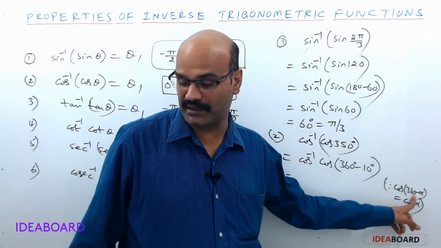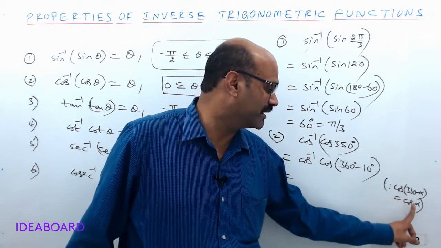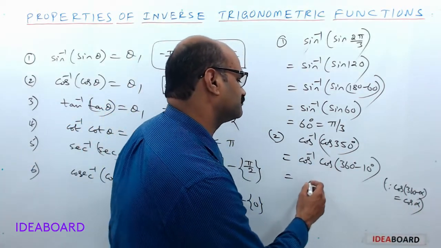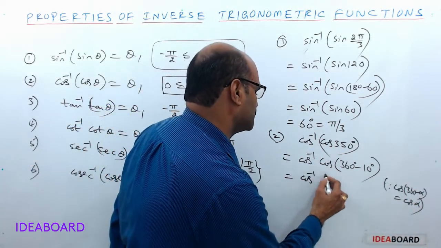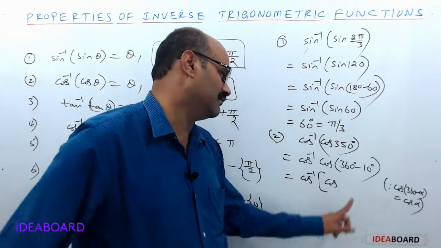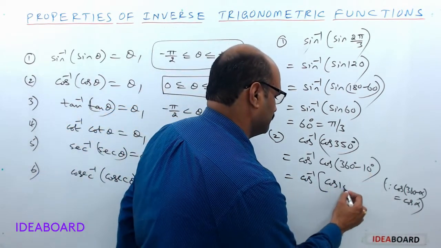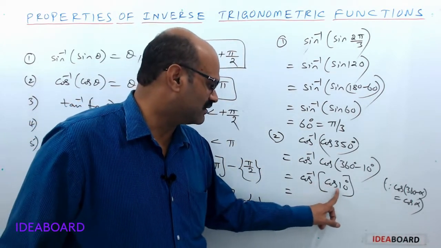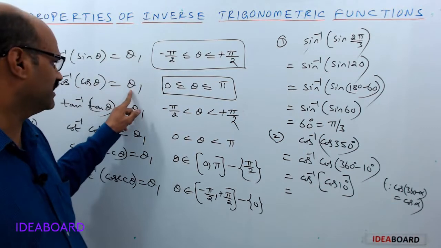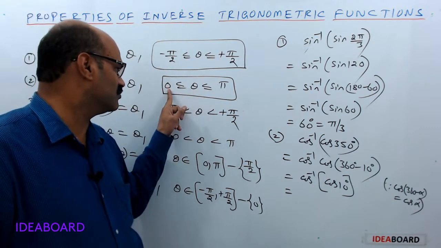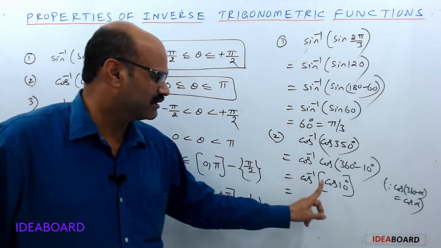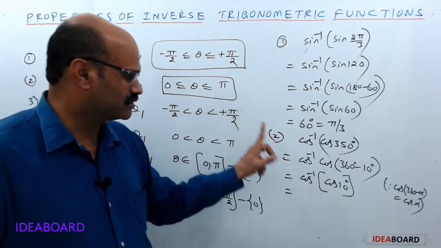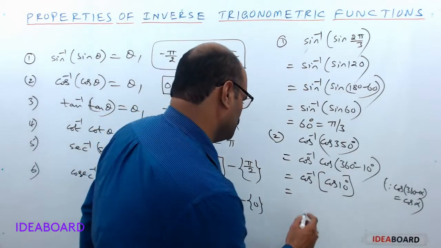In the fourth quadrant cos is positive. So here we write cos alpha. So now we have cos inverse of cos of 10 degrees, equal to cos inverse of cos theta equal to theta when theta lies between 0 and 180 degrees. Here 10 lies between 0 and 180. So we can take it directly equal to 10 degrees.